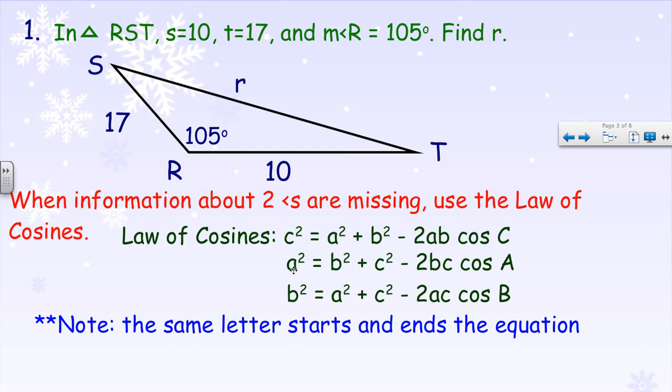I also have a squared is equal to b squared plus c squared minus 2 times b times c times the cosine of A. And then the last variation is b squared equals a squared plus c squared minus 2ac cosine of B. Make a note, please, that the same letter starts and ends the equation.